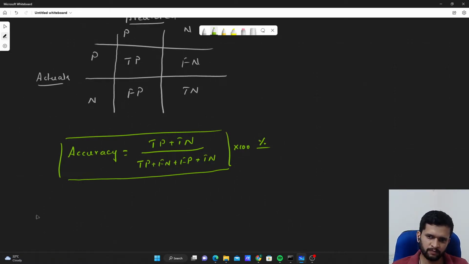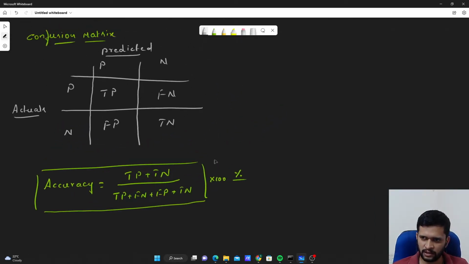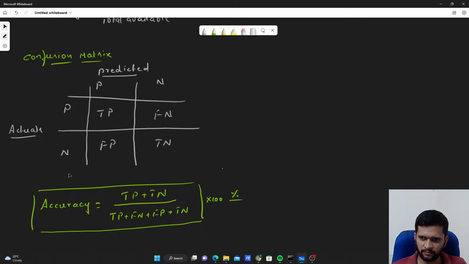Now coming to something called precision. We'll see what precision is. So we have this TP, FP and all these things, right? So we need to understand what this particular row is representing. So I'll just mark it.